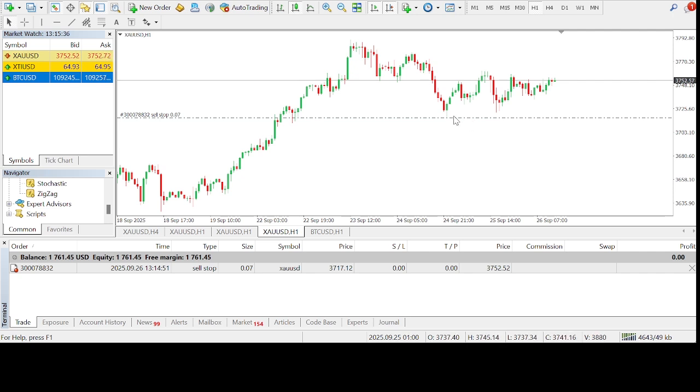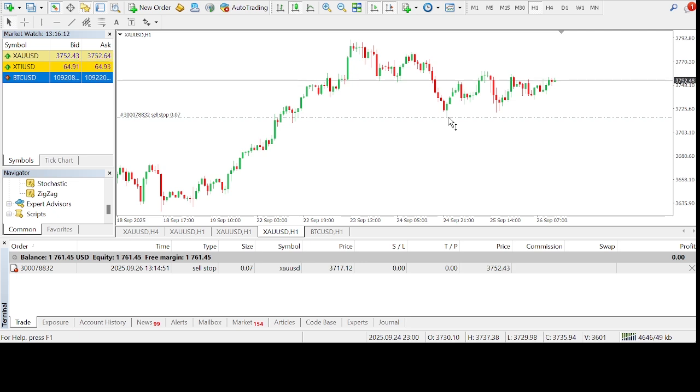So you just need to place your sell stop order here. Once the market, if gold drops and breaks this point here, it will trigger this order, and then it will be activated. So that's how you place your sell stop order. Remember that a sell stop order is when you have already identified a zone where the asset you are trading has failed to break, so you anticipate that it will be dropping.